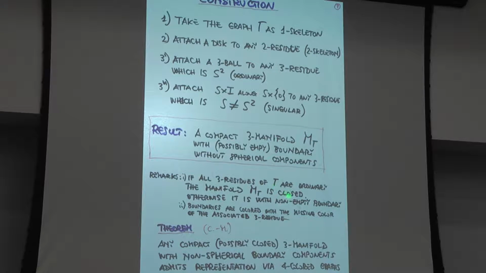So at the end of this construction, we obtain a closed three-manifold if all three residues are ordinary, so all three residues are spheres. If there is at least one residue which is not ordinary, which is not a two-sphere, we obtain a boundary component for any residue which is not ordinary.